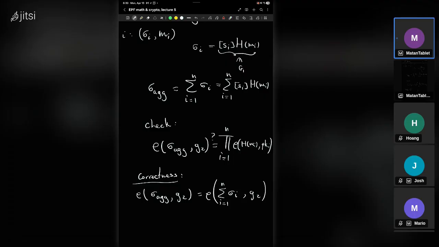Some here, some in each of the variables can get out as a product. This is bilinearity. So I get pi of E of sigma_i, G2, where i runs from 1 to n.